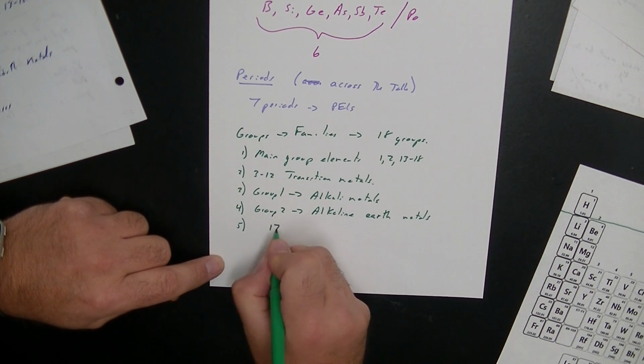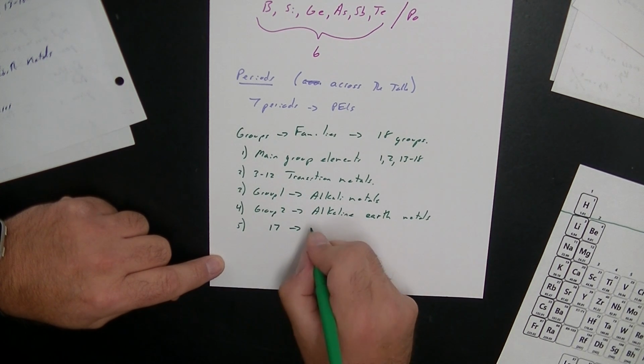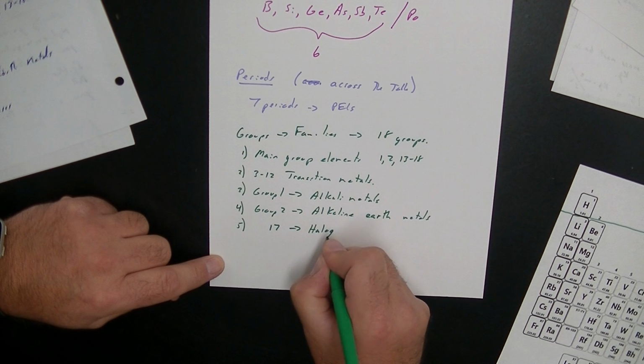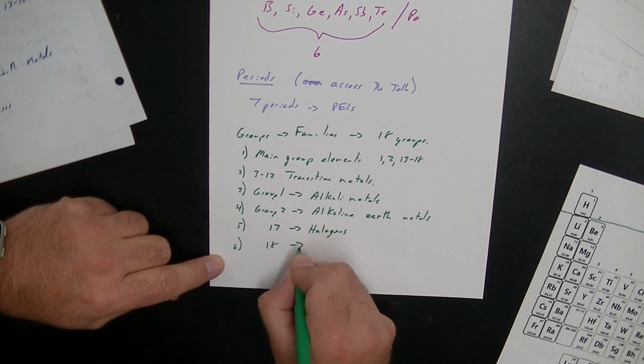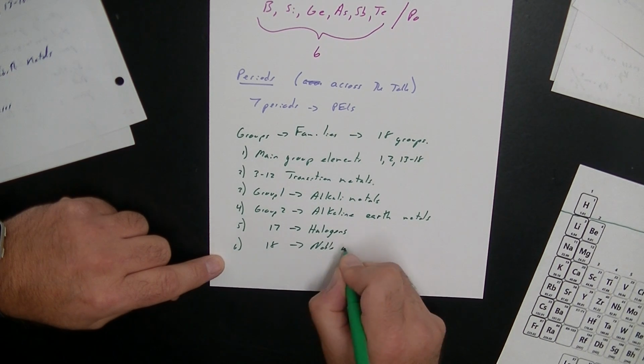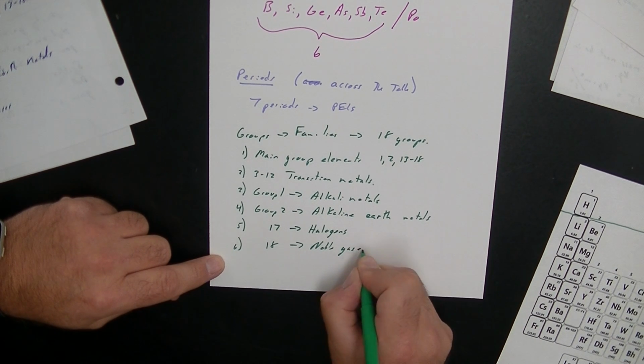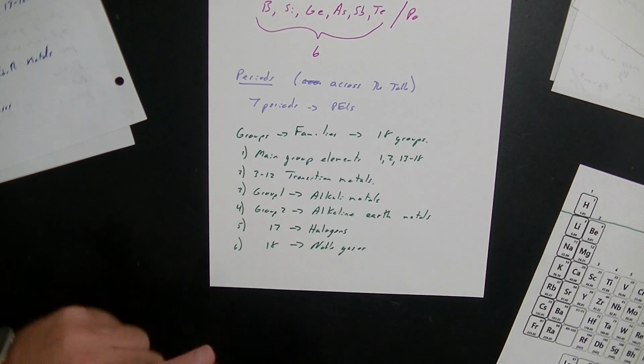Group 17 are the halogens. And group 18 are the noble gases. So you need to know those groups by name.